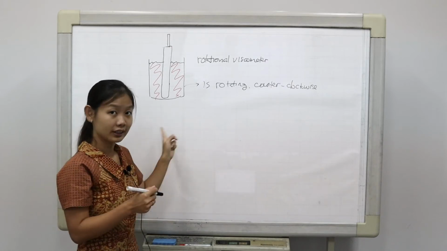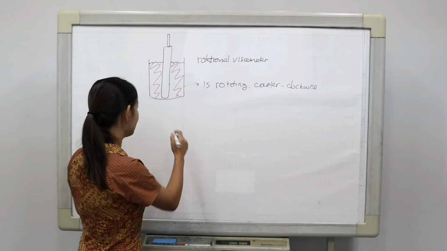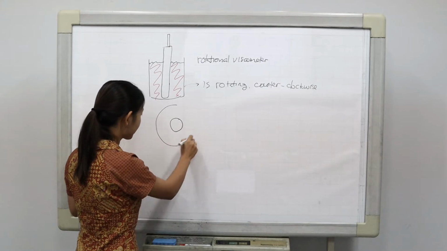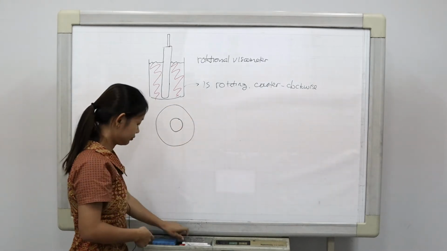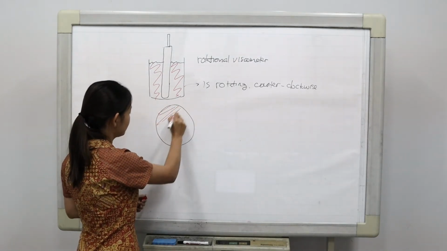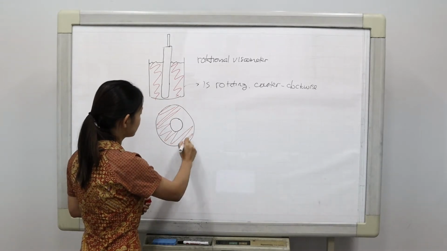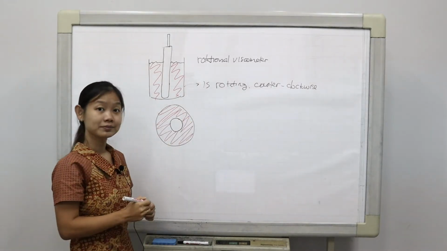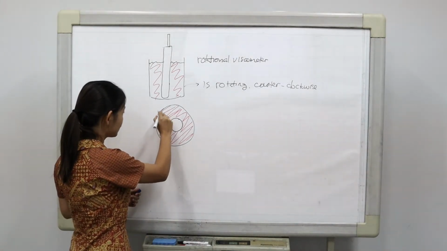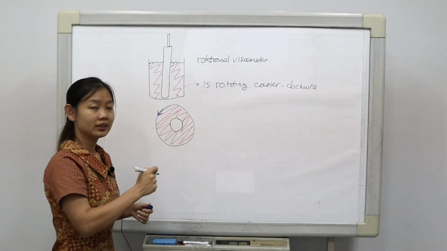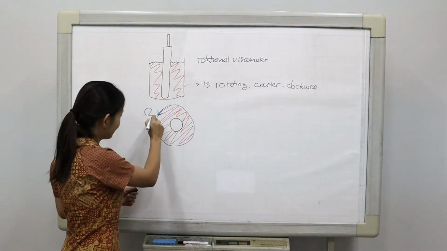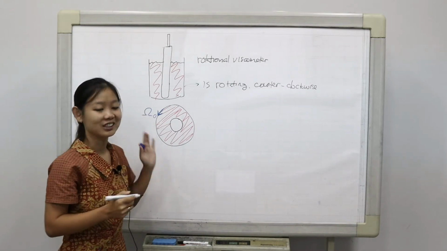Okay, so if we look at this case from above, we will get this picture. So this is the small cylinder, this is the bigger tank, and this is the fluid. The outer cylinder rotates in this direction, counterclockwise, with angular velocity omega O, omega outer.